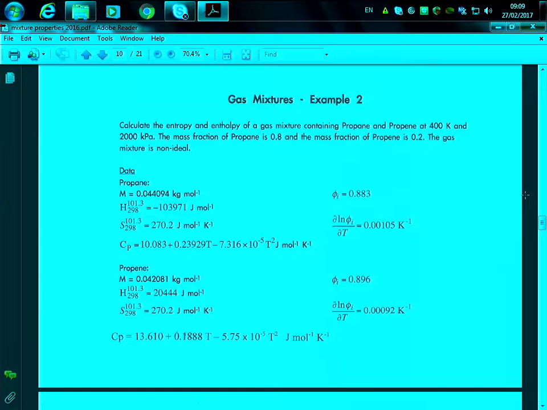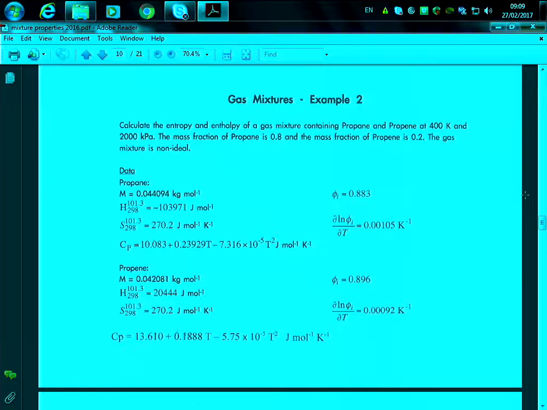Today we're going to do another example, where we want to calculate the entropy and enthalpy of a gas mixture. The problem says that we have propane and propene at 400 kelvins and 2000 kilopascal.